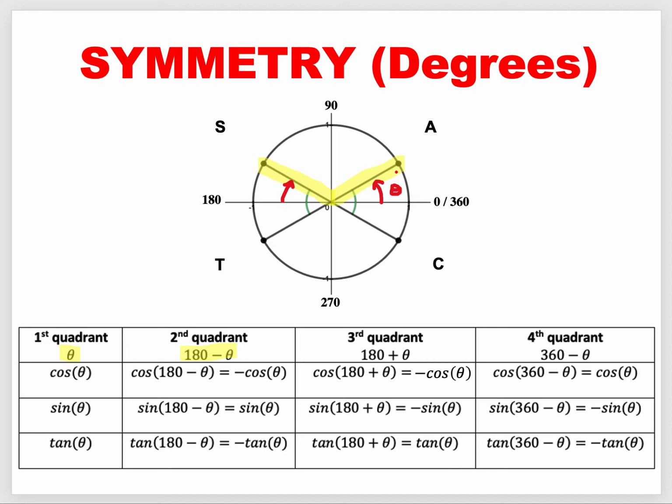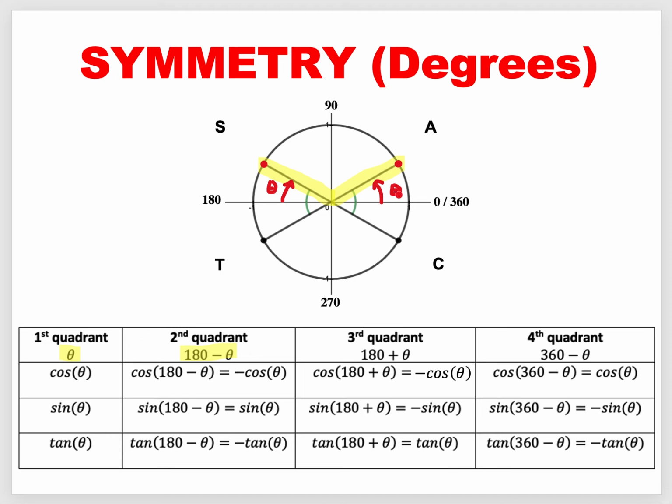If that angle there is theta, and so is this angle over here, then there's going to be some symmetry between this point on the unit circle and that point there. They're going to have the same y value, and their x values won't be the same, but the one on the left will be the negative version of the one on the right because of the symmetry of a circle.